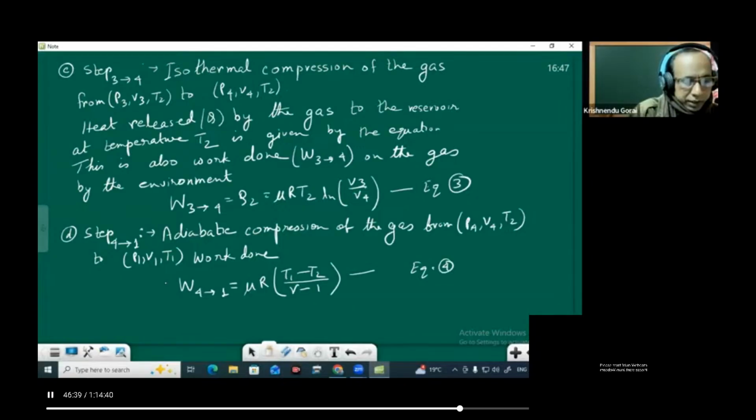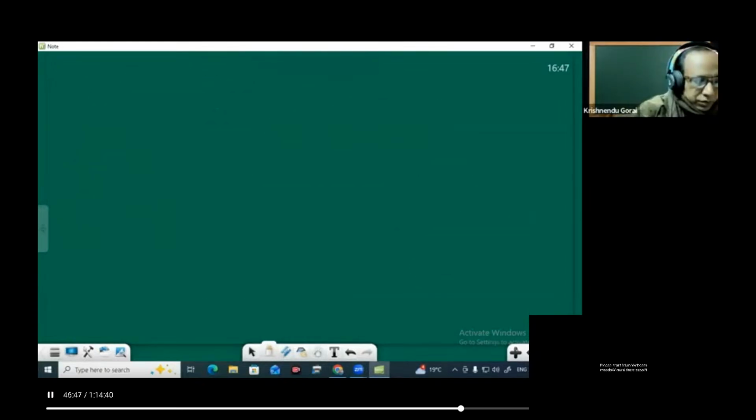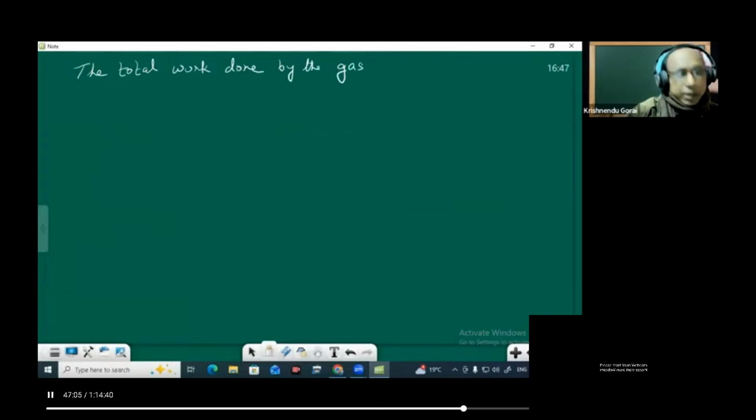Now the total work done by the gas in one complete cycle. So we find the total work done in one complete cycle.